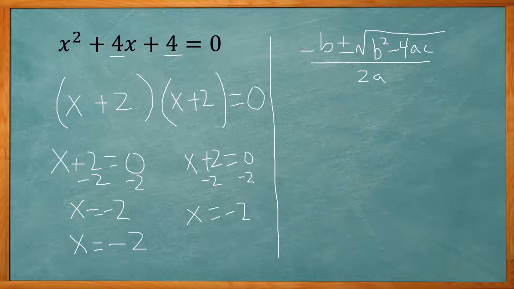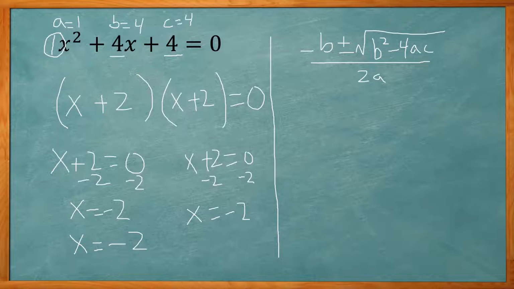In this case, our a is equal to 1, our b is equal to 4, and our c is equal to 4. And remember, when there's nothing in front of the x squared, that's really just 1 x squared. So here our a is 1, b is 4, and c is 4.